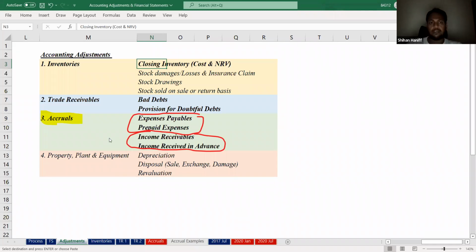Then there is income. Income receivable is an asset. Income received in advance is a liability. So, income receivable and income received in advance. I will explain this using some examples.